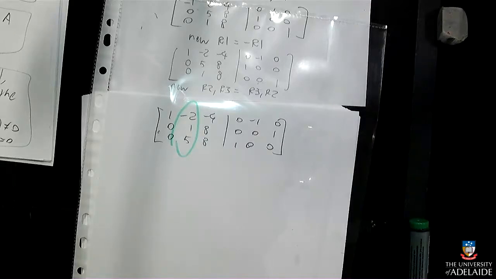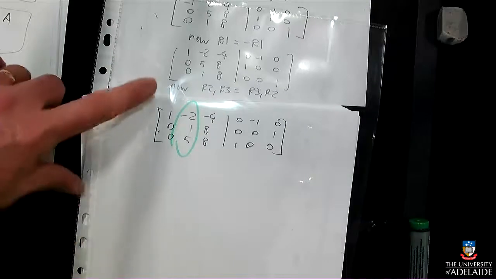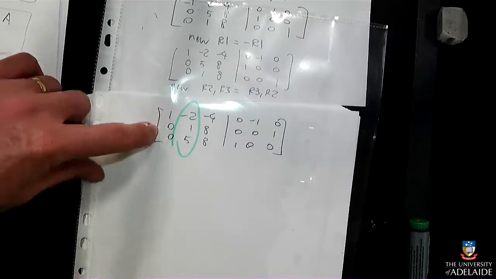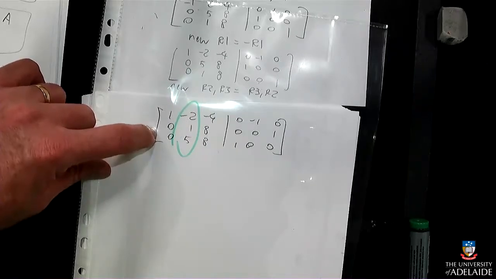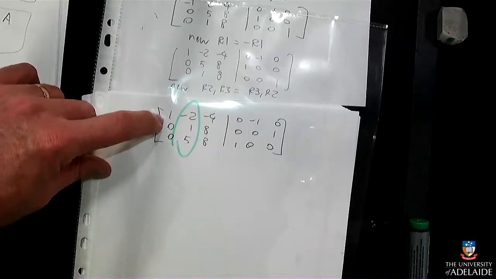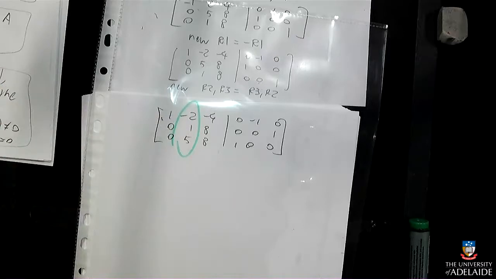Okay, that's cool. So I'm going to need to do row 1 is row 1 plus 2 of row 2. That would put a 0 in that spot. And then I'm also going to have to do row 3 is row 3 minus 5 of row 2. That'll put a 0 in that spot. Now, it is possible to do 2 row operations at a time, but only in that situation. Only in the situation where the rows that are changing aren't being used to then change another row all in one step.